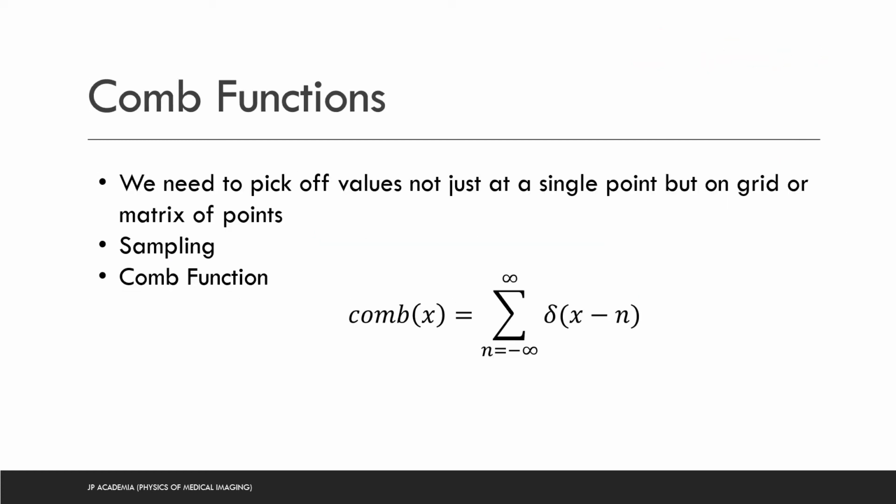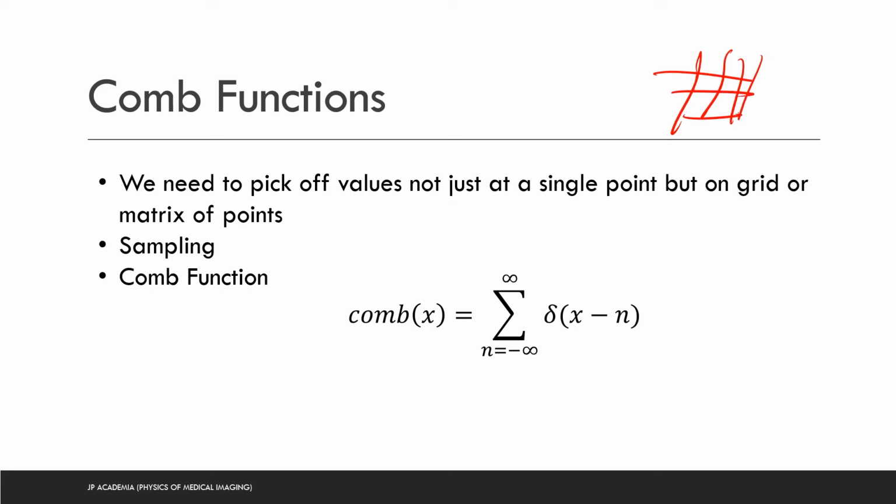We have shown in the previous slide that we can use the shifted point impulse to pick off the value of a certain function at a single point. However, in almost all medical imaging modalities, we need to pick off values not just at a single point but on a certain grid or matrix.